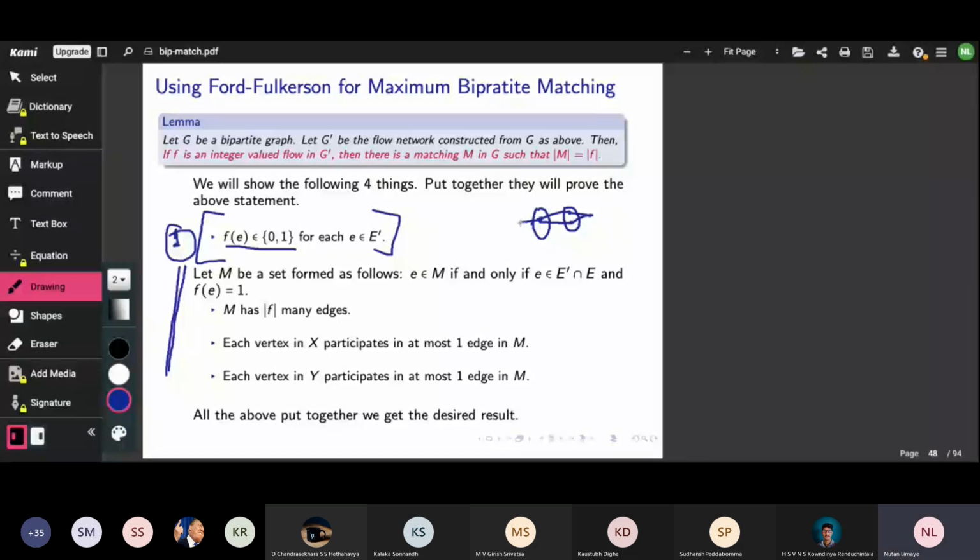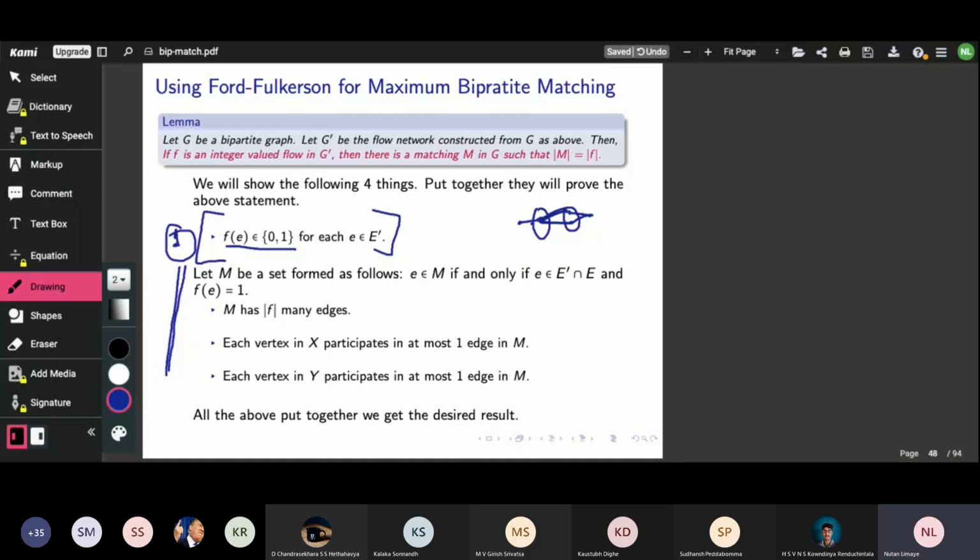So you could possibly have in edge disjoint paths multiple edges leaving a vertex, but in the matching, that's not quite allowed. Does that answer your question, Adarsh?